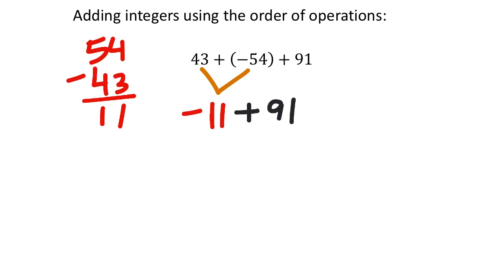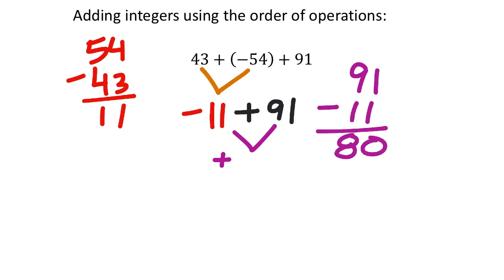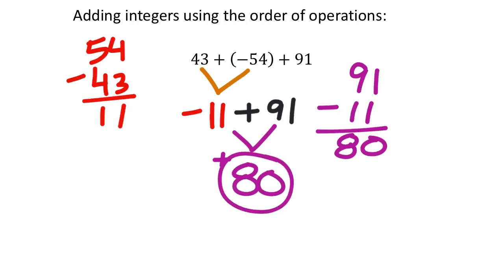Now I'm adding a positive value, which is more positive than the negative, so when I combine these, I'm going to get a positive answer. I take the big number, 91, and subtract the small number, 11, which is 80. So my final answer is positive 80. I don't really need to include the positive in the answer, because when we don't show the sign, we already know the answer is positive.